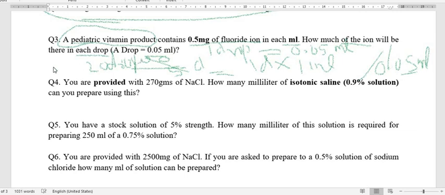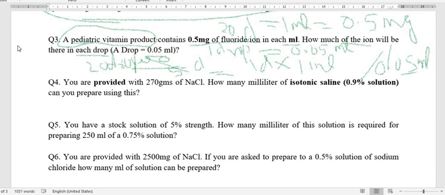So 20 drops is equal to 1 ml, and 1 ml contains 0.5 milligram. So 1 ml contains a total of 0.5 mg of the fluoride, and this is in a total of 20 drops.